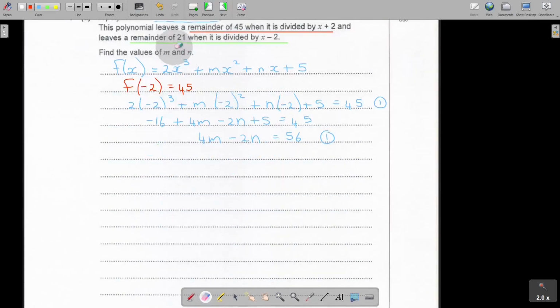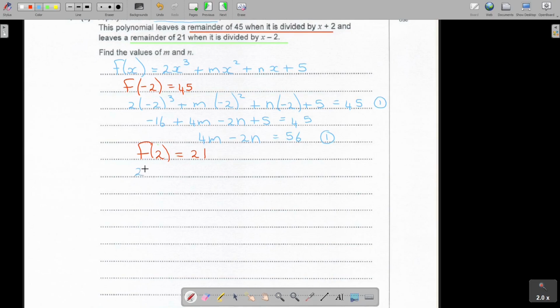Now let's do the same when the remainder is 21 when it's divided by x minus 2. Remember, if you put it equal to 0, it's going to be 2, but then the remainder is going to be 21. So let's again substitute in there.